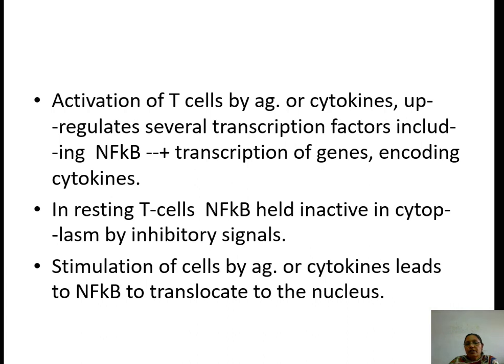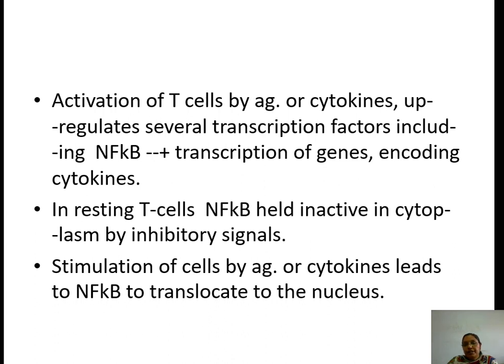Now activation of the T cell by antigen or cytokines will upregulate several transcription factors, including NF-kappa B, that will stimulate the transcription of genes encoding the cytokines. In resting T cells, NF-kappa B is held inactive in the cytoplasm by inhibitory signals.